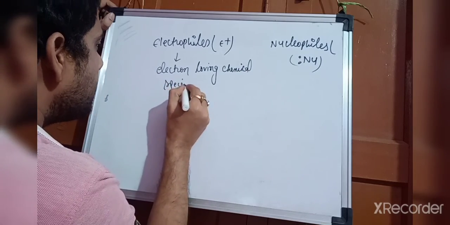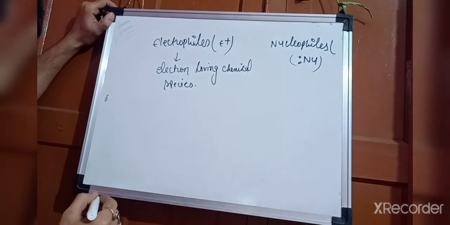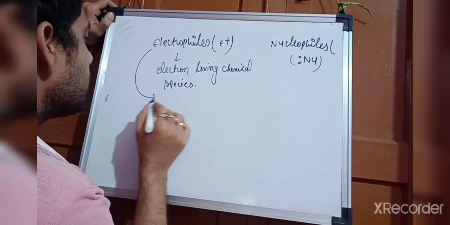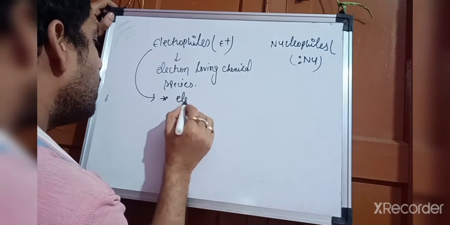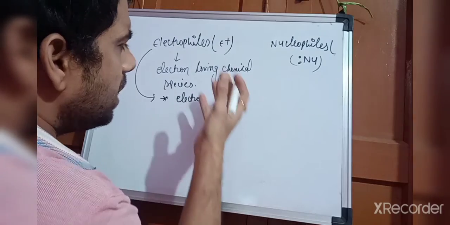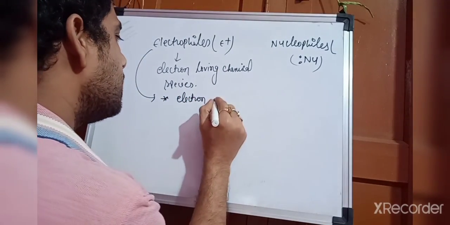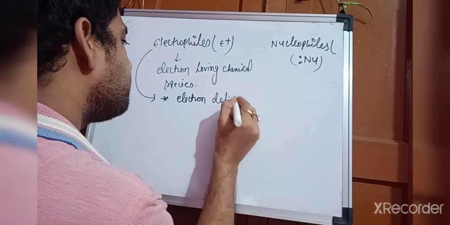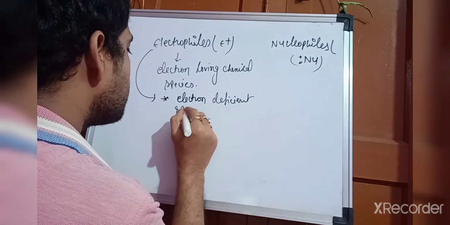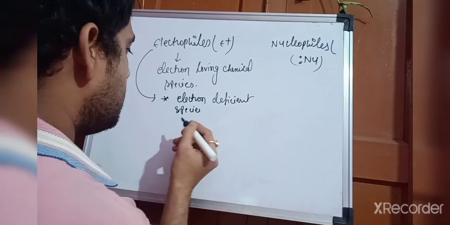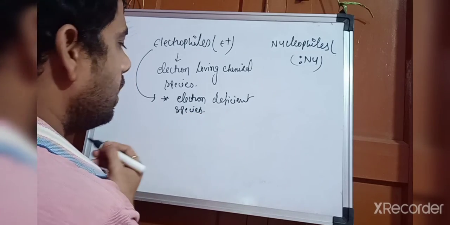Why are they electron-loving chemical species? Because they are chemical species which do not have electrons, so it is an electron-deficient species.